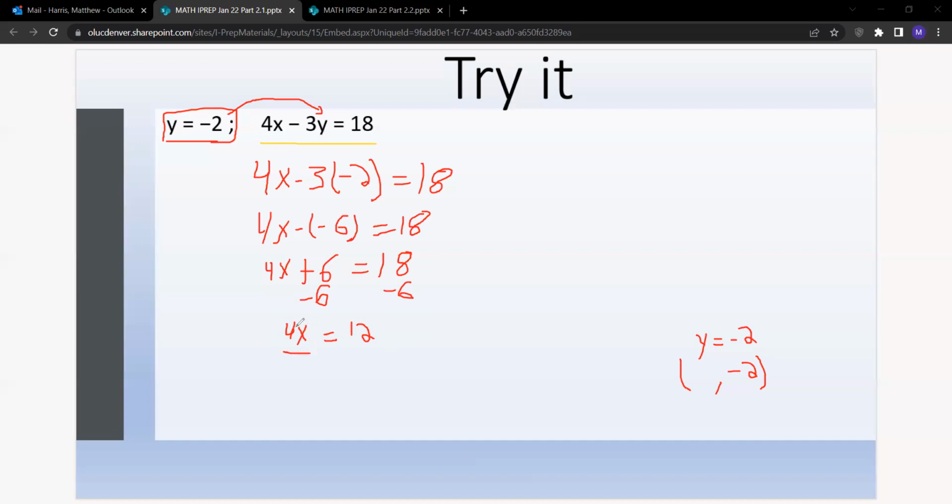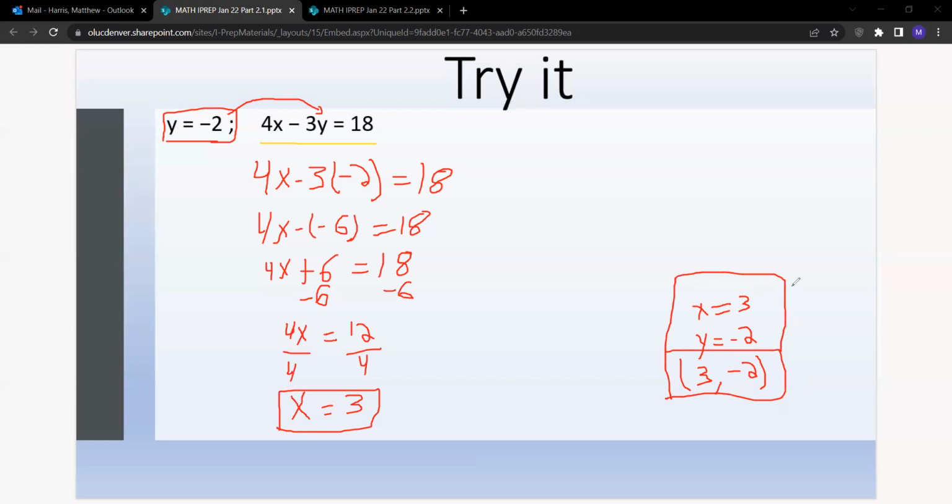So we have 4x, so we have to divide by 4. 12 divided by 4, x is equal to 3. So we could write that over here, x is equal to 3. Or if we're putting it in xy form, it's going to be 3, negative 2. So here's one answer, and here is another. And both of those are acceptable depending on the format.